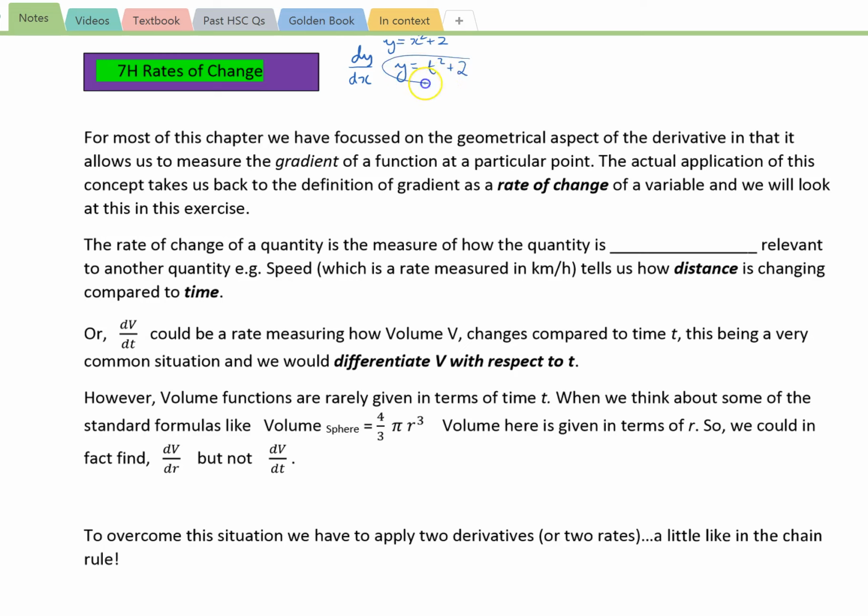When there's no x variable, as in this case, we cannot find dy/dx. Of course, we could find dy/dt.